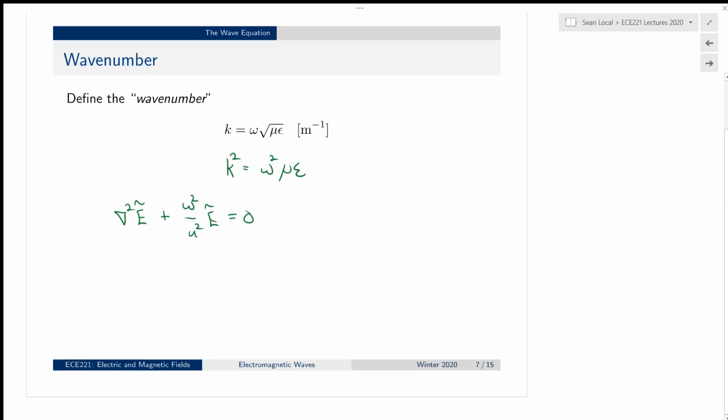Well, if we substitute, we see here that k squared is actually equal to omega squared over u squared, because recall that u was 1 over square root of mu epsilon. So u squared is 1 over mu times epsilon.